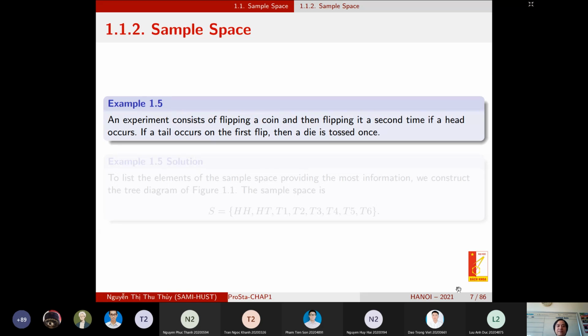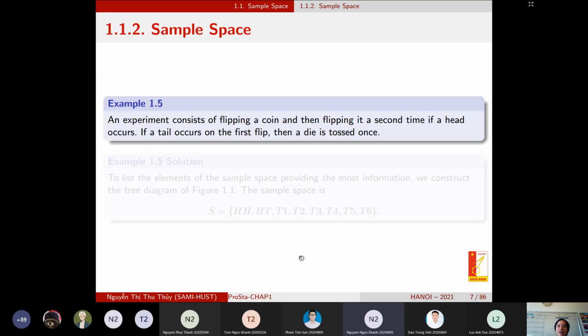Who can tell us? Anyone who can help us? There are 3 possible outcomes.